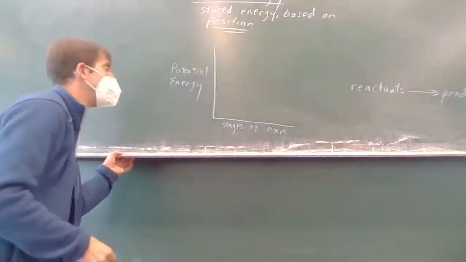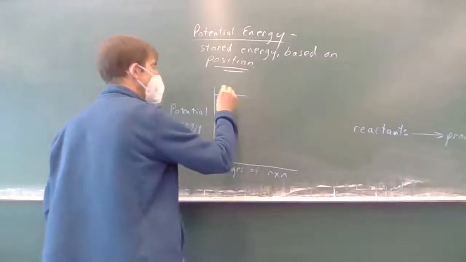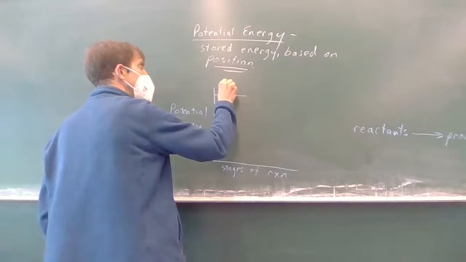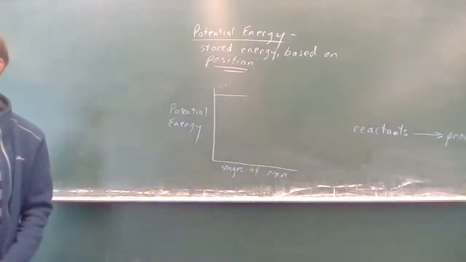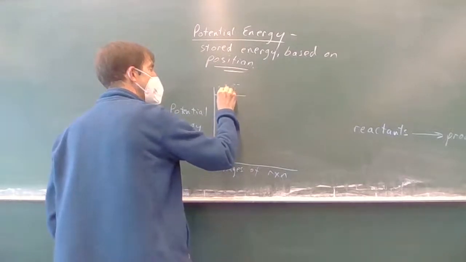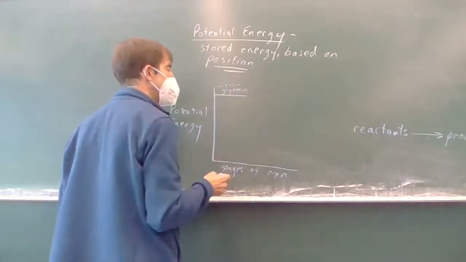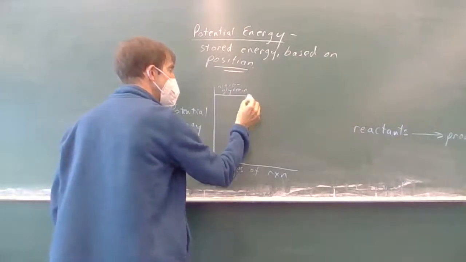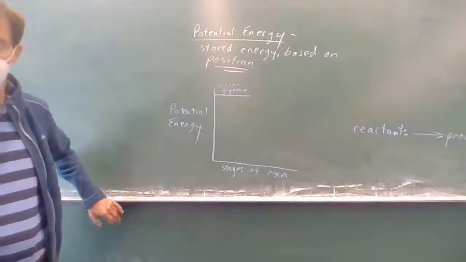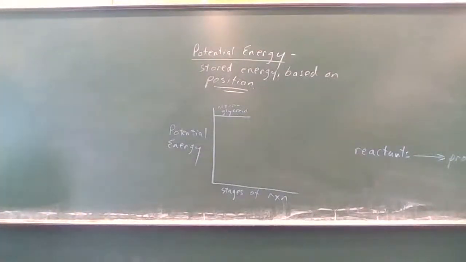Okay, so we're going to put a line here and say this is nitroglycerin. It's got a really high potential energy. But remember, they used to move this stuff around frozen, right?